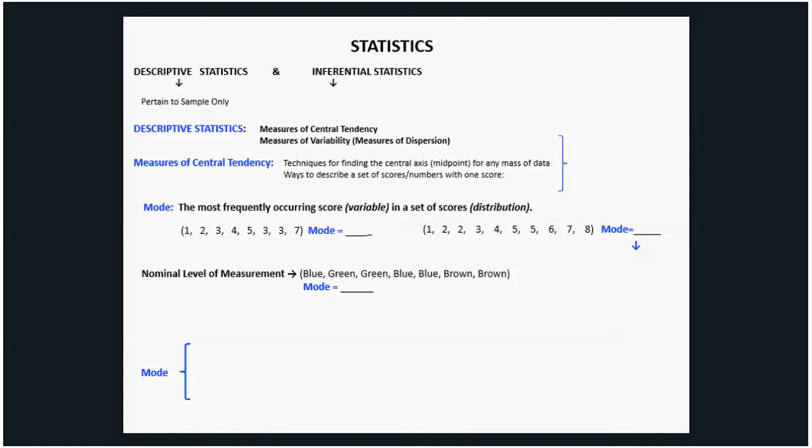So the statistical tests or manipulations, the things that we plug in that the computer spits out at us, if they're descriptive statistics, that means they pertain to the numbers that we got from our sample. Whereas with inferential statistics, we want to take our sample results and be able to say, okay, if this is what exists in this sample, then this is what we're going to find in the larger population that we pulled that sample from.